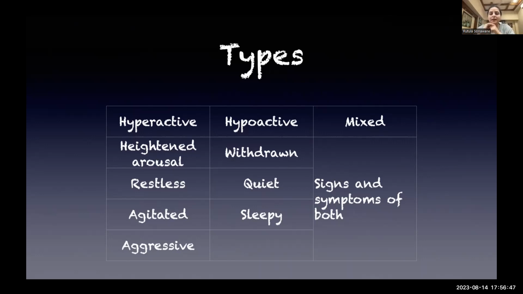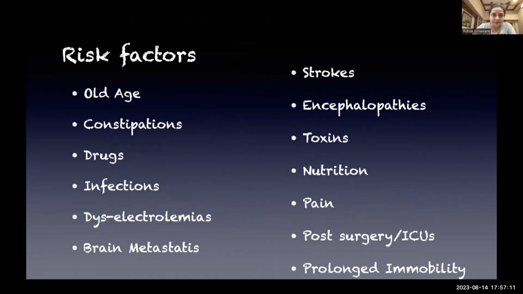The patient is very quiet, maybe sleeping most of the time and withdrawn. So there's not much response. Sometimes it might just go unnoticed if the patient has hypoactive delirium. And mixed is the one where sometimes the hypoactive element is predominant, or sometimes the hyperactive phase is predominant.